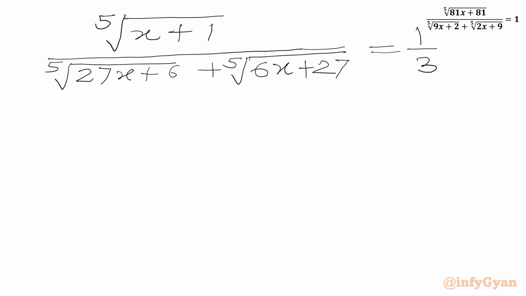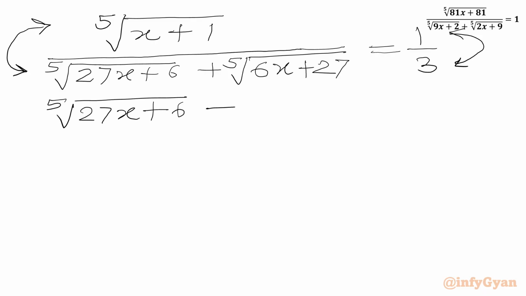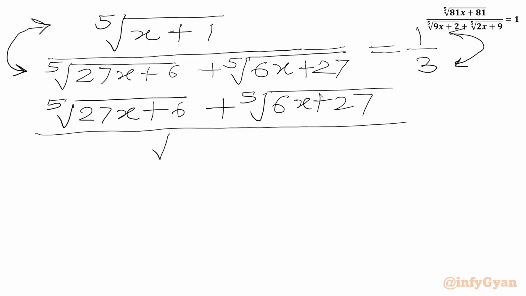Now we are going to flip numerator and denominator. So consider reciprocal on both sides. We will get our equation fifth root of 27x plus 6 plus fifth root of 6x plus 27 over fifth root of x plus 1, and the reciprocal of 1 over 3 is 3.